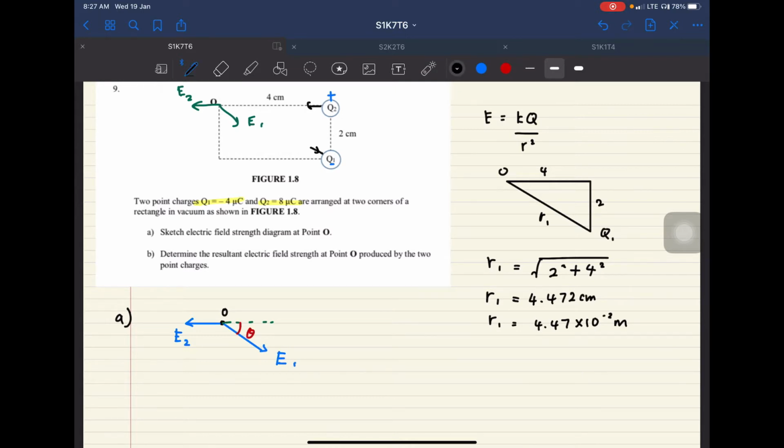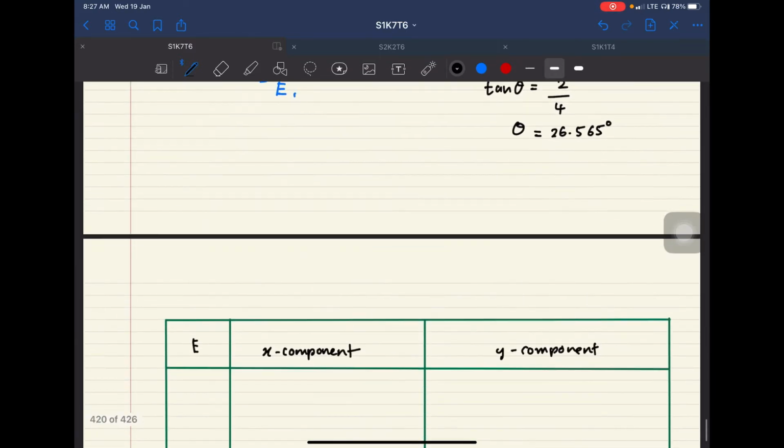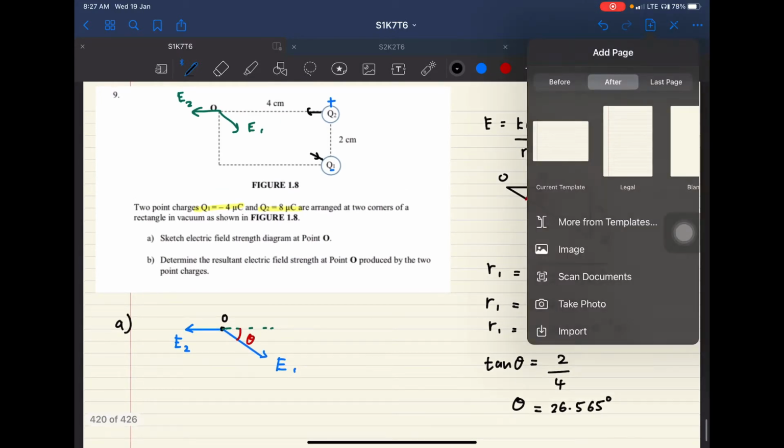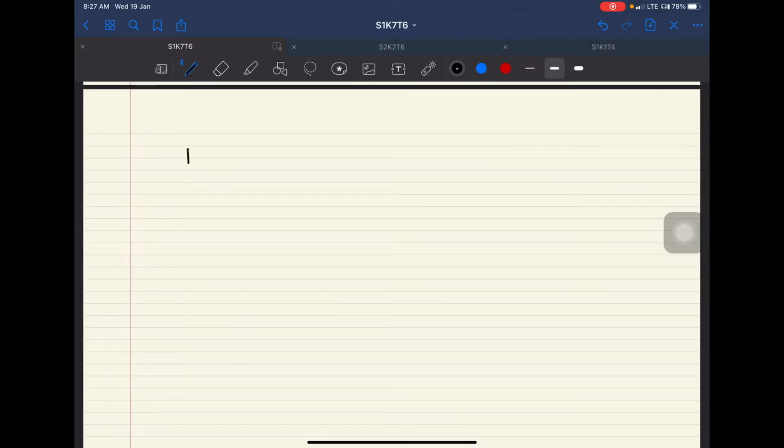Okay, so theta is over here. Tangent theta is equal to 2 over 4, take inverse tangent, 26.565. Okay, so those are the important values we already calculated.